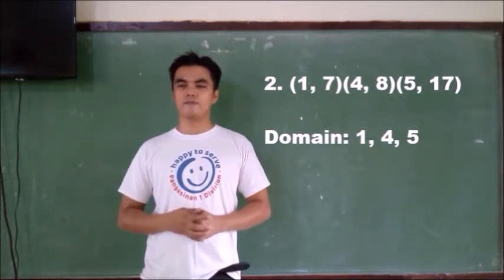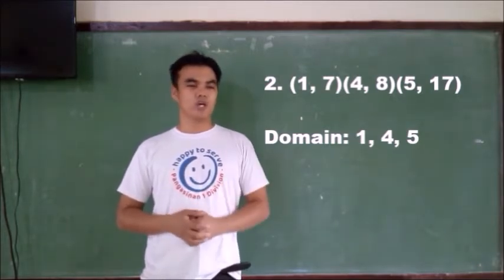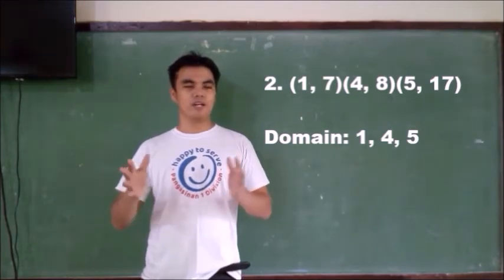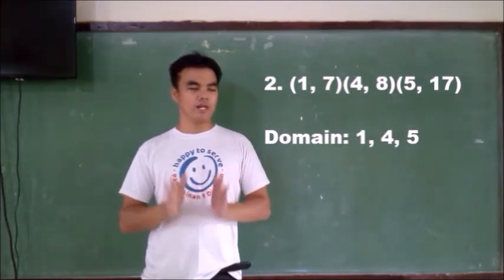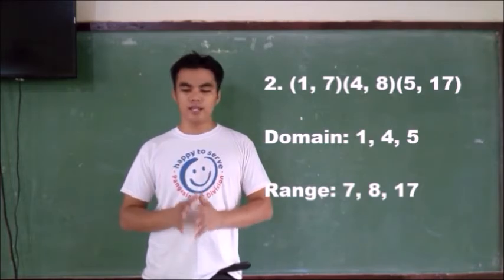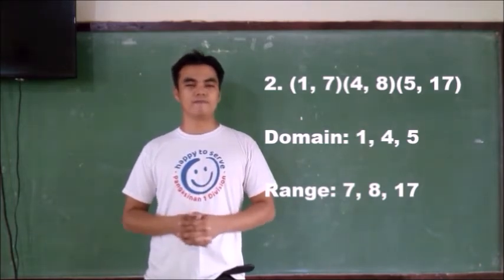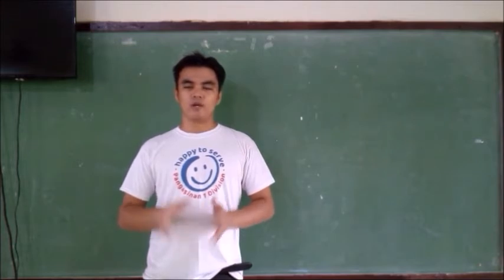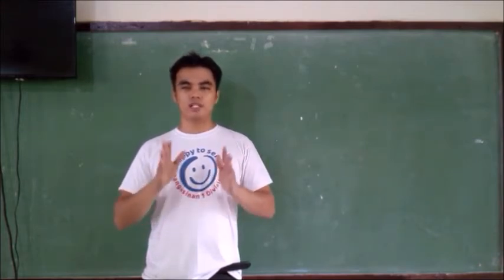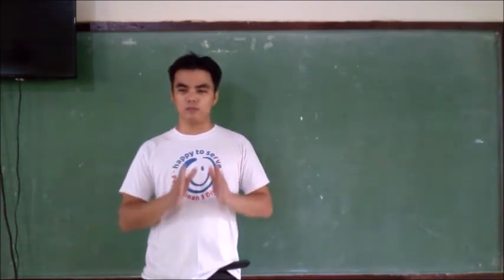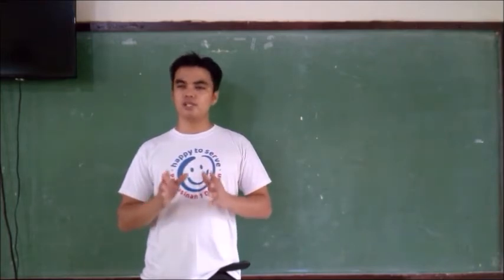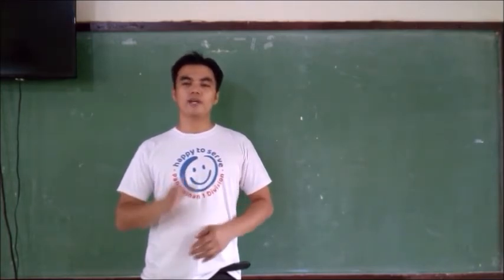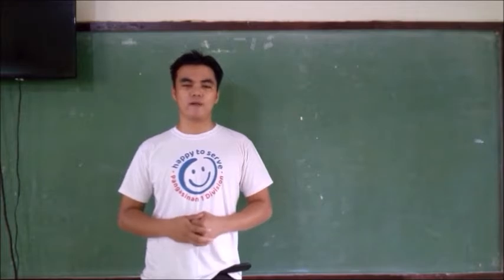Who can tell me? Yes, Joanne? Okay, very good. The range is 7, 8, and 17. Okay, so that is clear now. You already know what is the range and what is the domain of a given relation, as well as the definition of the relation and function.